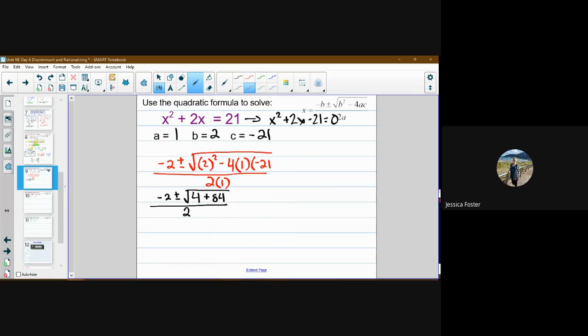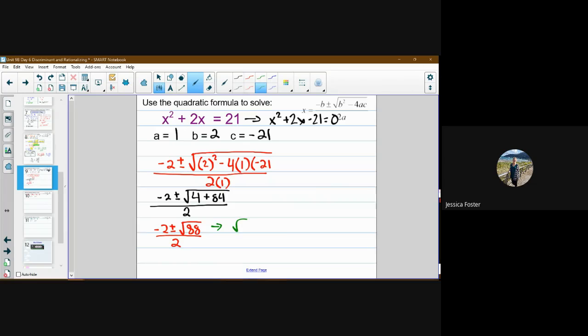Continuing on here, I've got negative 2 plus or minus the square root of 4 plus 84, which is 88, all divided by 2. Well, now I've got to look and see, can I simplify the square root of 88? So think about what is a perfect square that goes into 88. The first one that jumped out to me would be a 4.